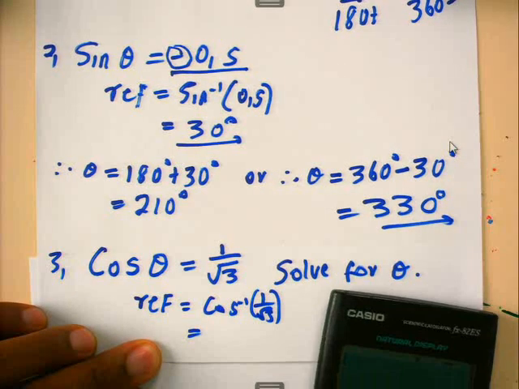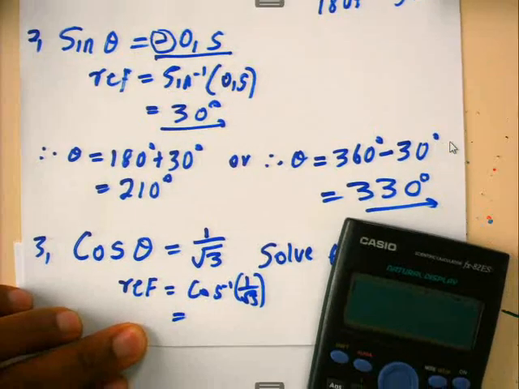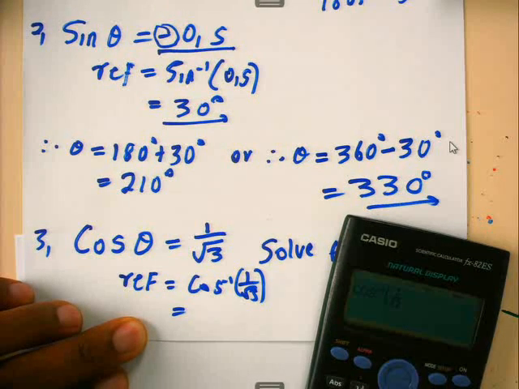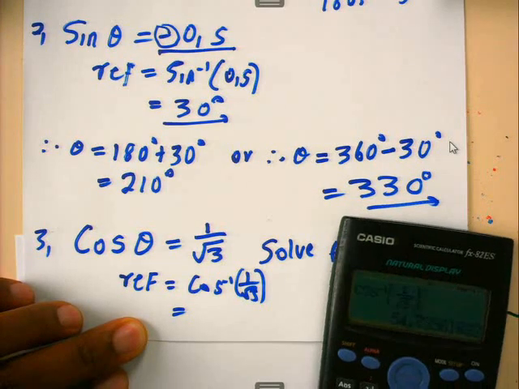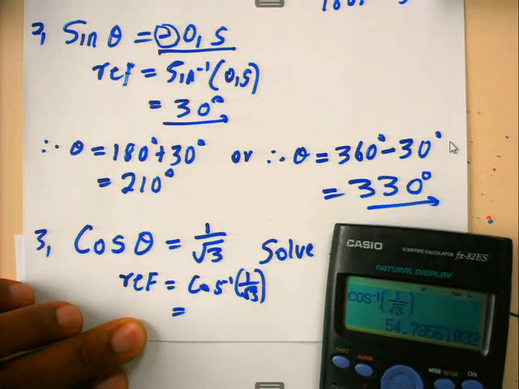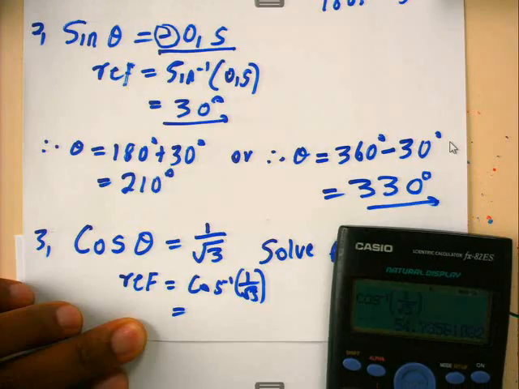Right, now what is it that you're going to do? Now we say, okay, that is shift there, and now we have cos, right? Of course, what is it that we have? 1 divided by square root of 3 there. And now we say, okay, then the answer there is 54,7.